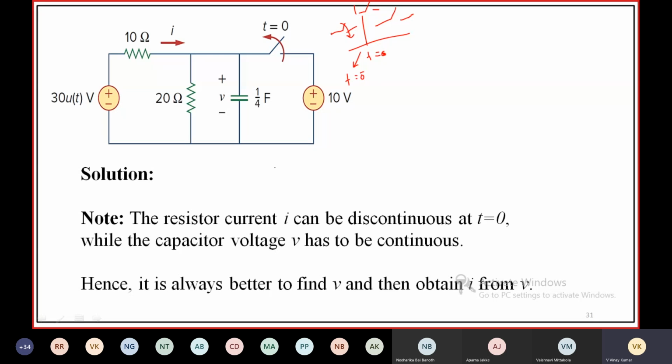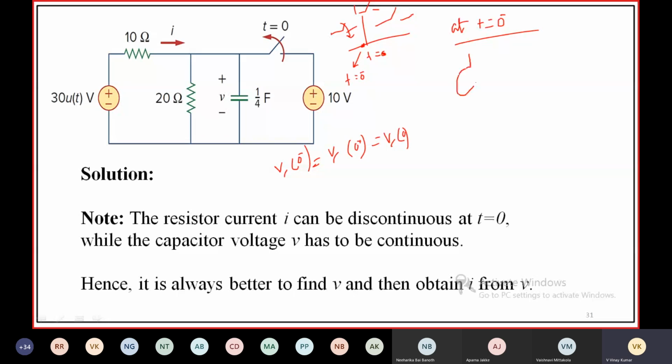You have to find the initial value. Vc of 0 minus is equal to Vc of 0 plus is equal to Vc of 0. At t is equal to 0 minus, what will be the circuit?